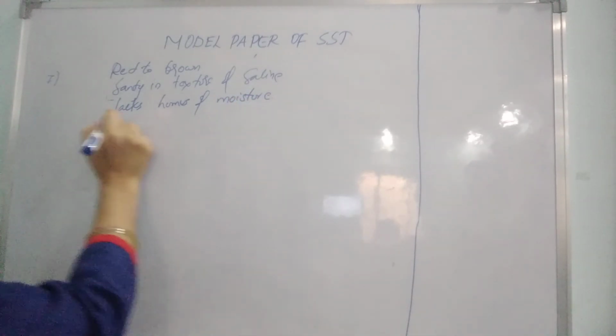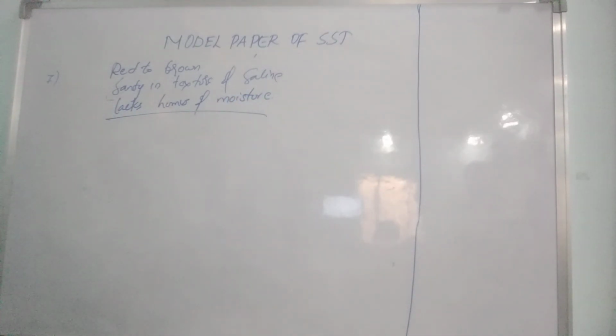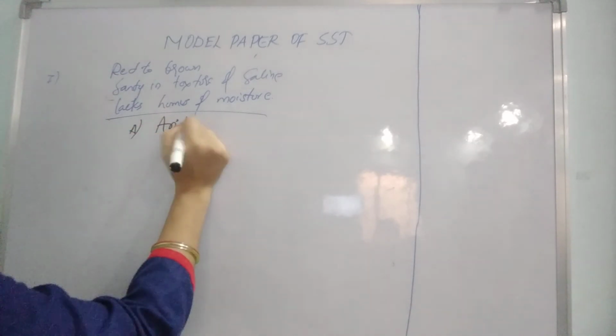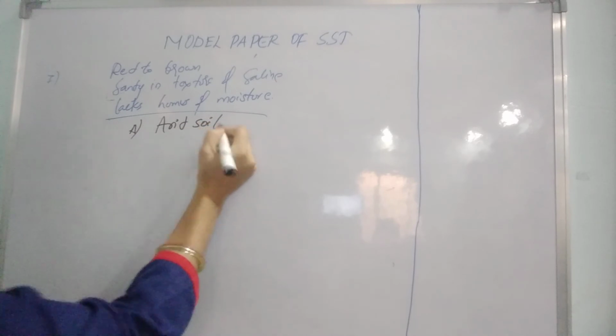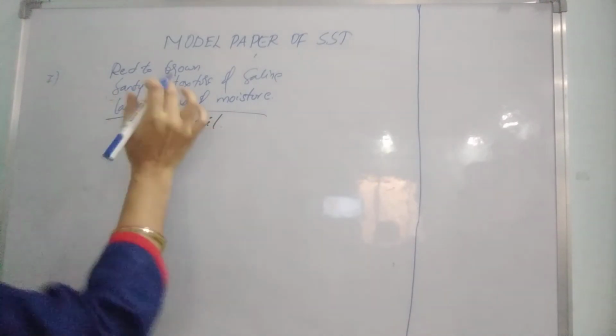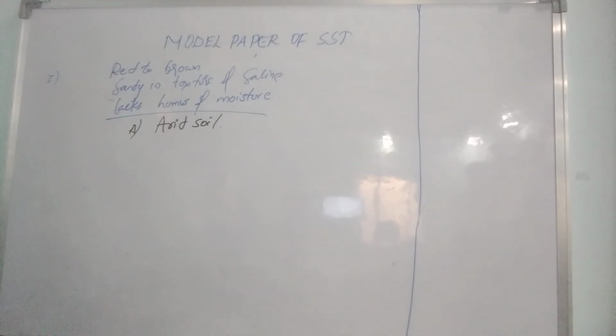Which is the soil? Our answer is arid soil. Arid soil is red to brown in color, sandy in texture, and lacks humus and moisture.